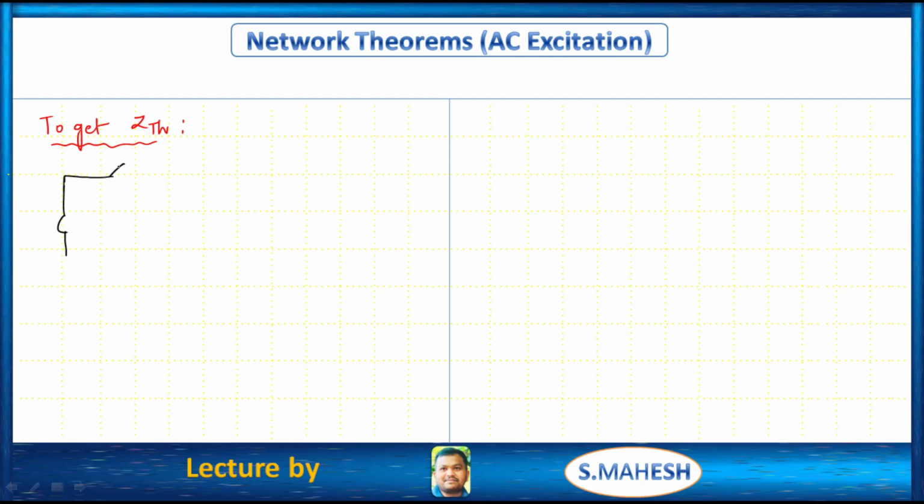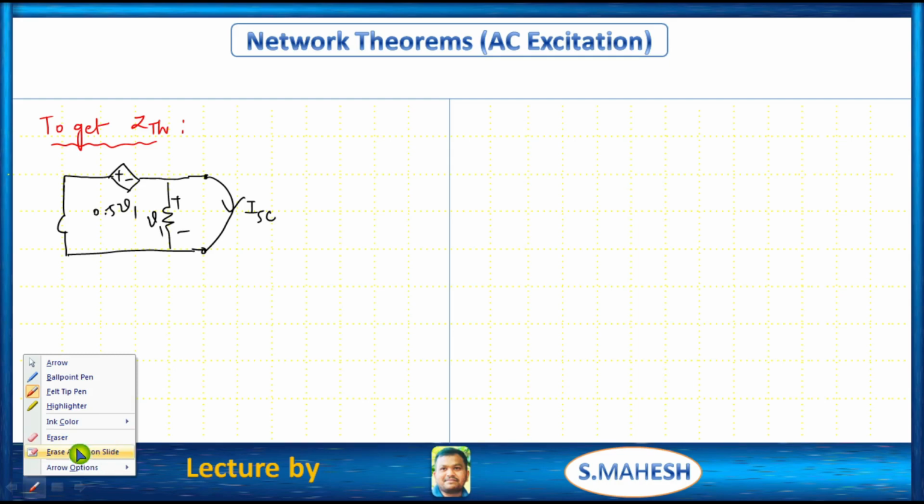This is the dependent plus minus. We are having a branch. This is shorted. This is the value of the voltage source, that is 0.5 V1. This is V1 plus minus. So here these two terminals are shorted. Obviously there is no use of this, right?